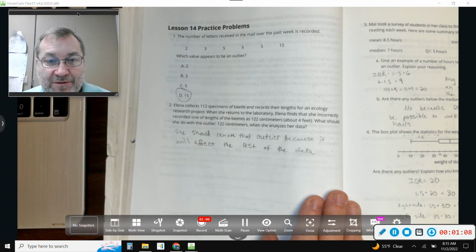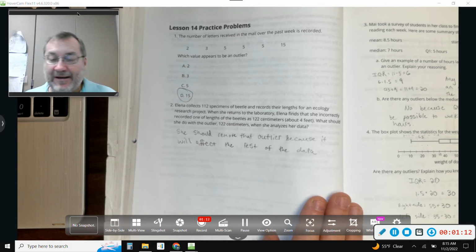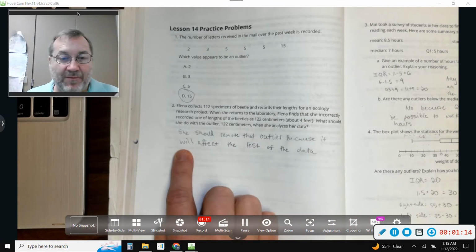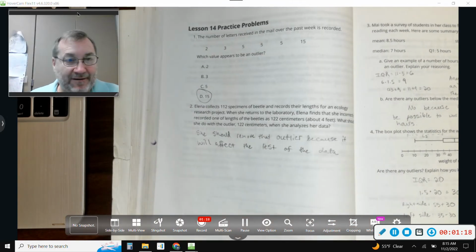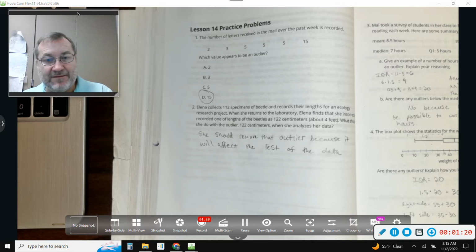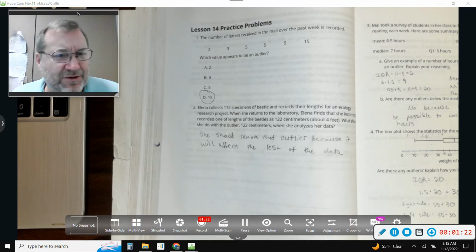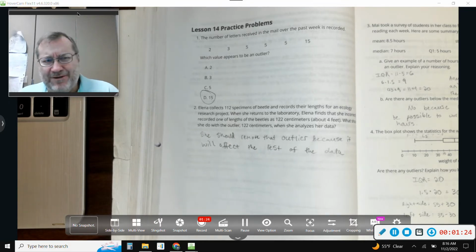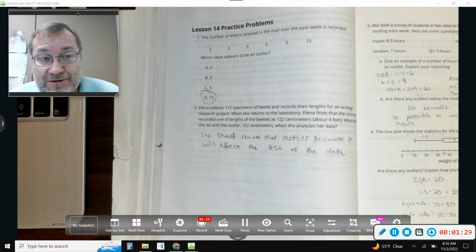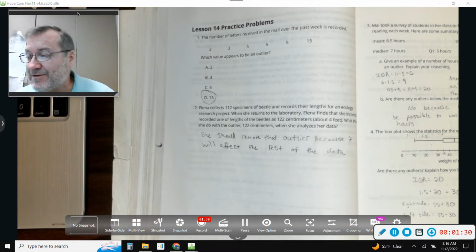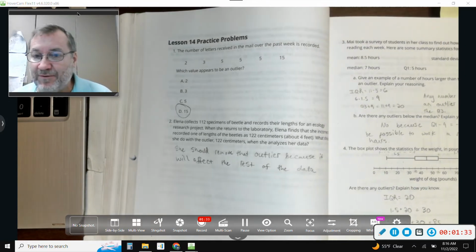What should she do with the number 122 centimeters when she analyzes the data? Well, the answer that we've come up with is she should remove the outlier because it will affect the rest of the data, and that's very true. A beetle should be like 1, maybe 3 centimeters long. It's going to really screw up all of your indications there. So that one really needs to be removed.